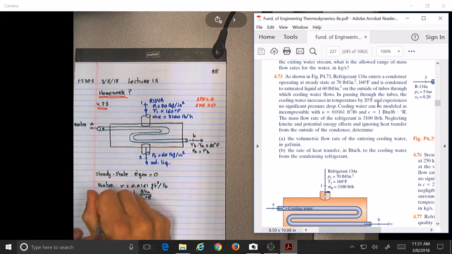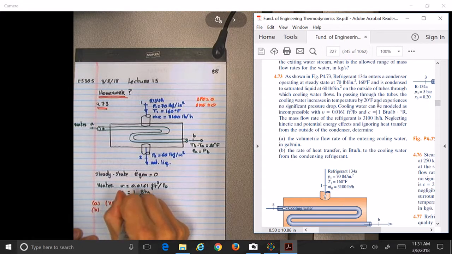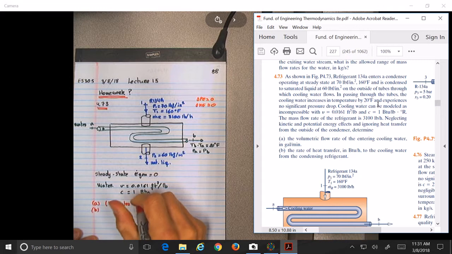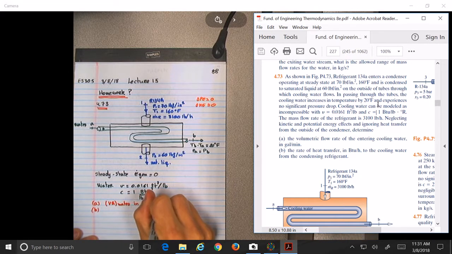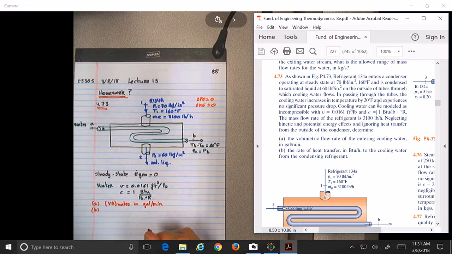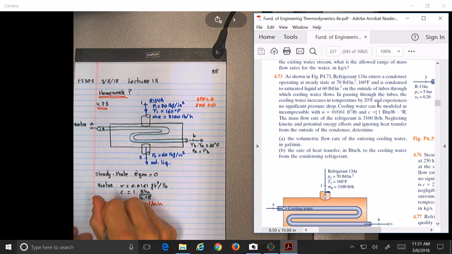It is velocity times area of the water, in gallons per minute, and the rate of heat transfer in BTU to the cooling water from the condensing refrigerant. So basically we need to find Q, okay? In BTU per hour.